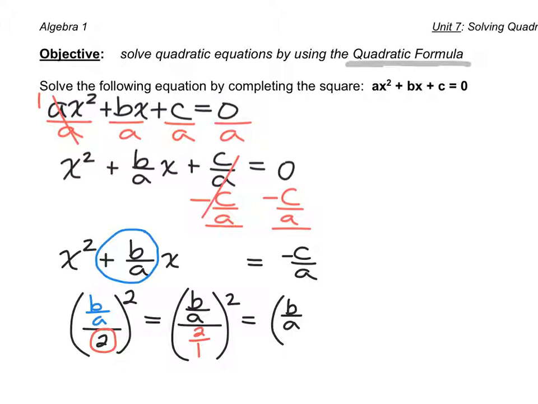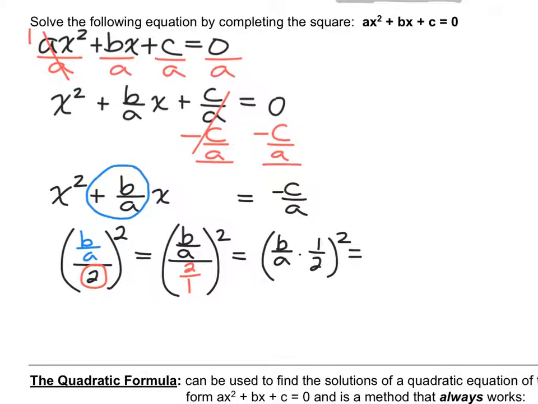B over a, instead of b over a divided by 2 over 1, I would times 1/2, yeah. When you're multiplying fractions, you multiply the tops against each other and the bottoms against each other. So b times 1 is b. A times 2 is 2a.